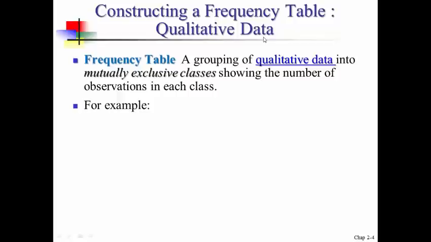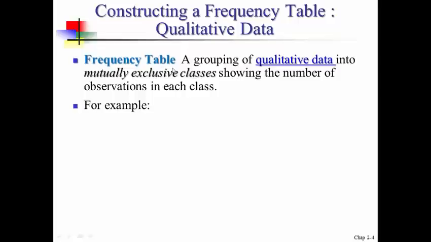You need to remember by your own the difference between qualitative data and quantitative data. But in this case, we will use qualitative data in order to make a frequency table. And maybe I pose you the question: what does it mean, qualitative data?